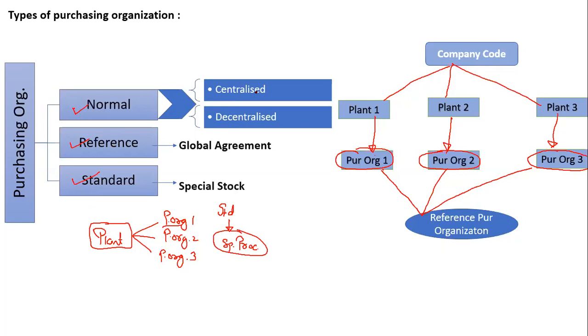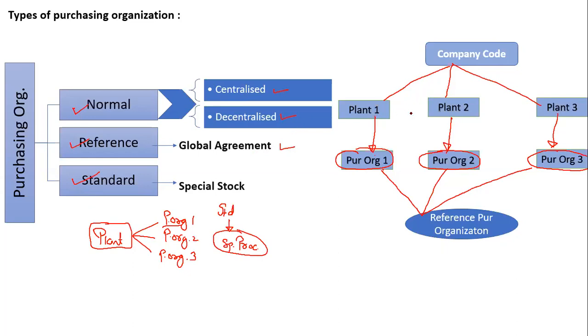So that is the use of a standard purchasing organization. A centralized purchasing organization is one purchasing organization responsible for the entire structure. It can be cross company code or cross plant. A decentralized purchasing organization is a plant-specific organization. What is a reference purchasing organization?